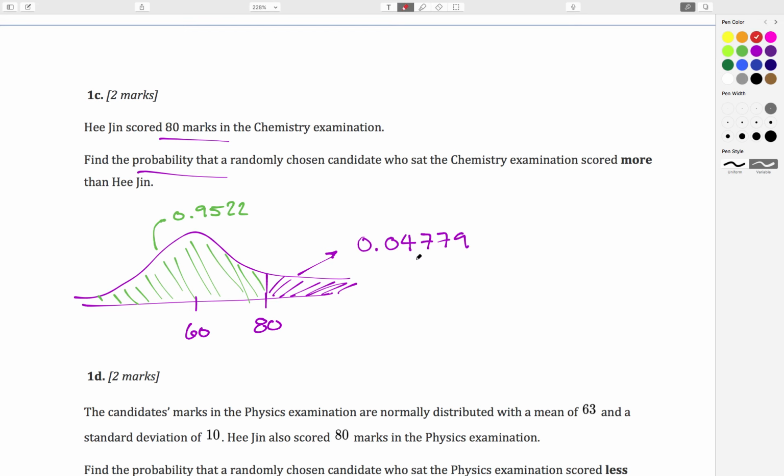I want 3 significant figures. My first significant figure is the 4, then 7, 7. The 9 makes my 7 round up. My final answer ends up being 0.0478.